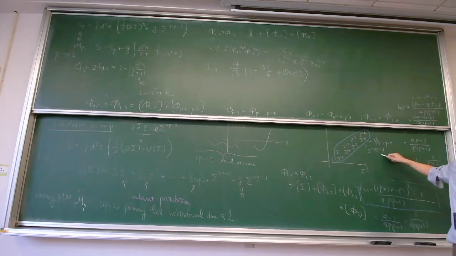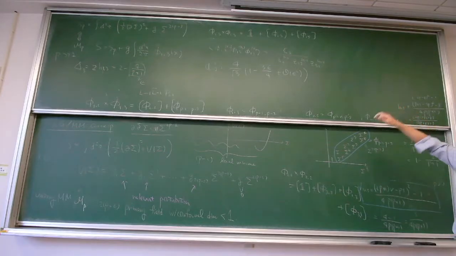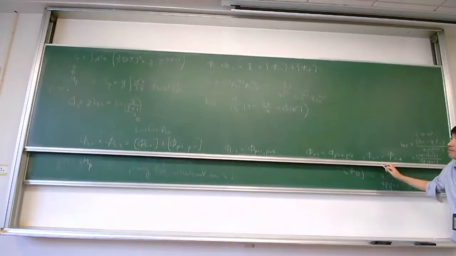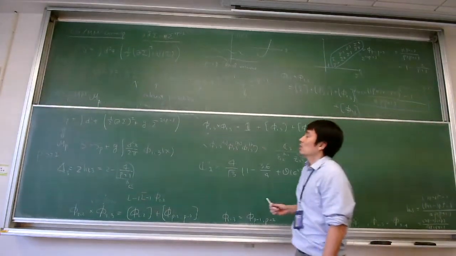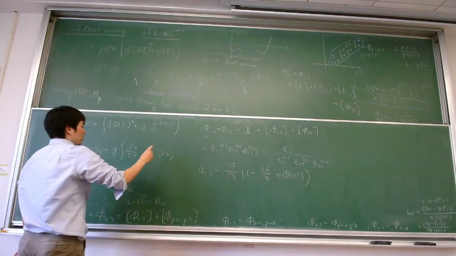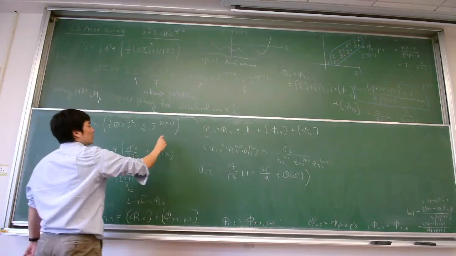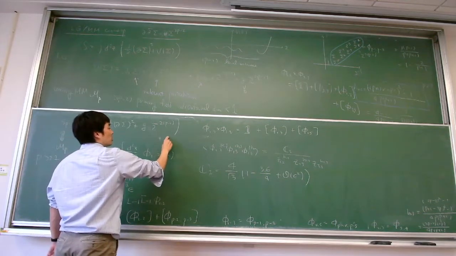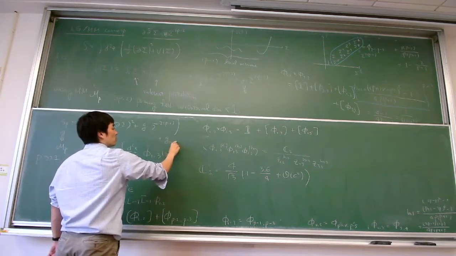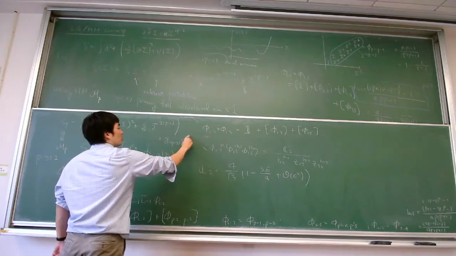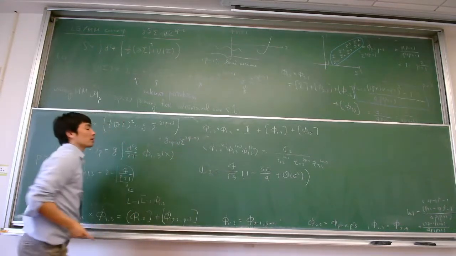So the relevant deformation we are going to do is indeed adding this term to the Lagrangian, essentially adding a potential term plus g sigma 2p minus 2.